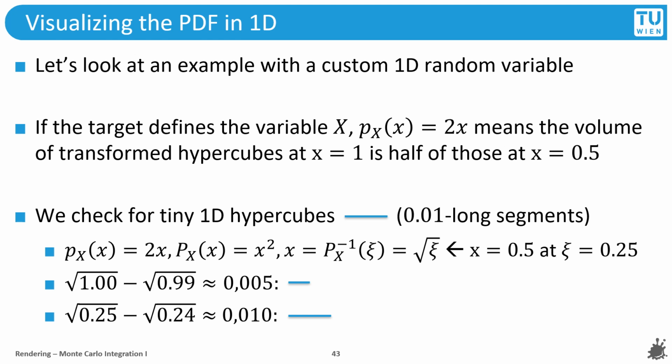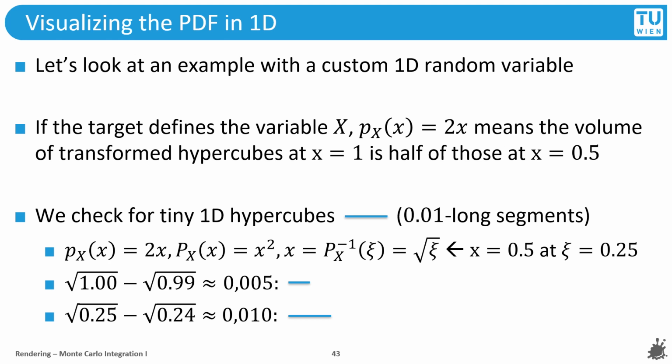And we can quickly confirm this by checking the change in length of some very short line segments when they are transformed from their uniform space to the one modeled by the custom distribution, and mathematically confirm this. But it's a bit difficult to get an intuitive understanding of what we want to express by the transformation with the PDF this way.